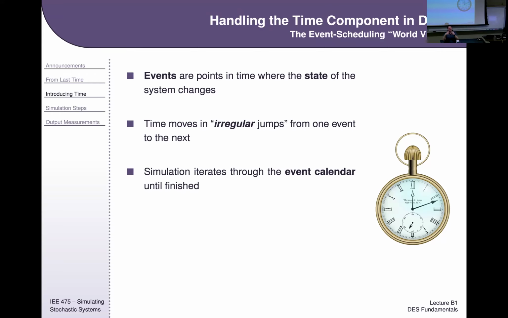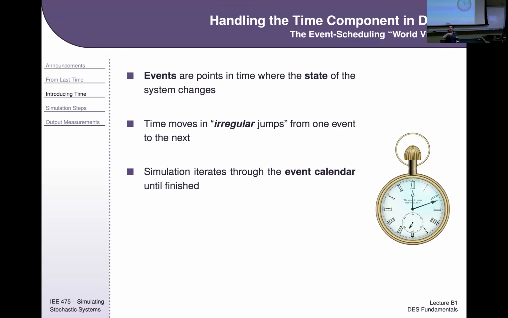That's where I consult my activities. I know there's a distribution of time between arrivals. Now that I've gotten one arrival, I'm going to draw the duration between that arrival and the next arrival. And I'll say, okay, in 7.5 minutes, I will get another arrival. So I'll put that on the calendar.